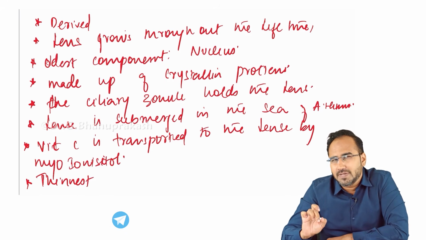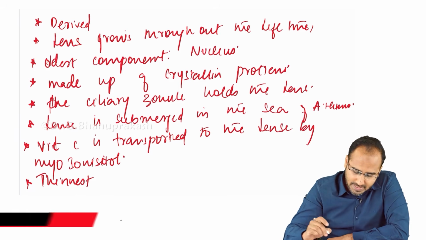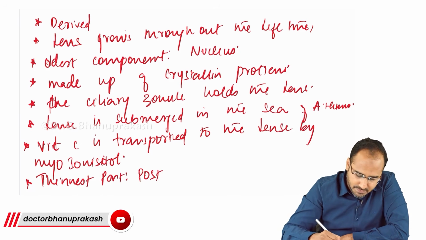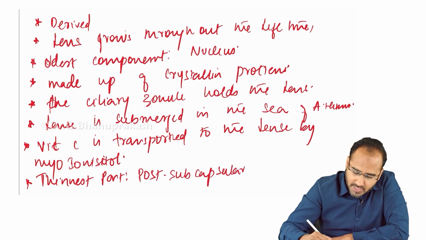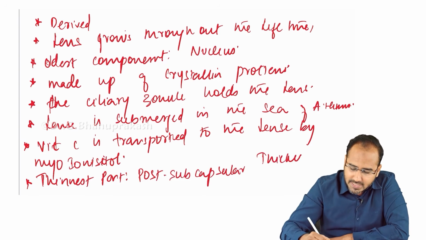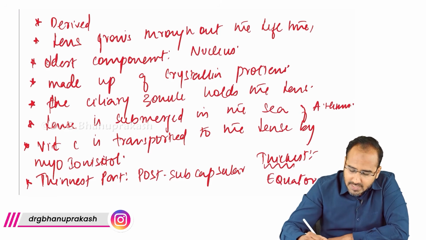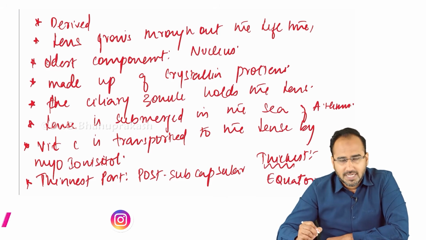Apart from that, the thinnest part of the lens is the posterior subcapsular part. Whereas the thickest part of the lens is at the equator.